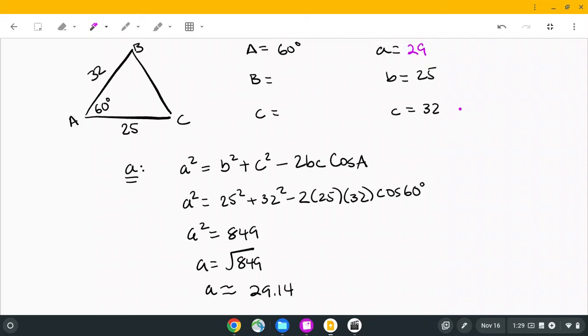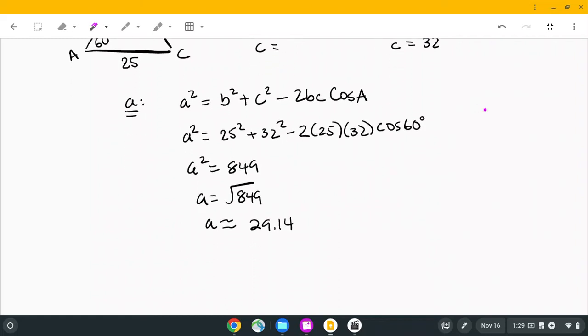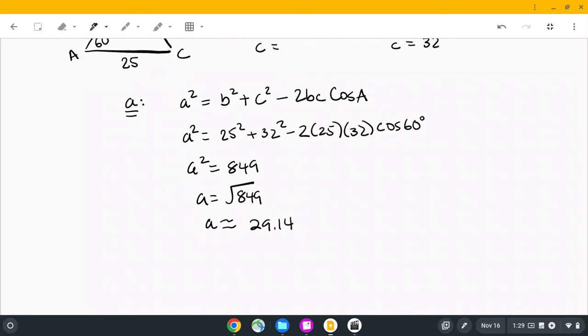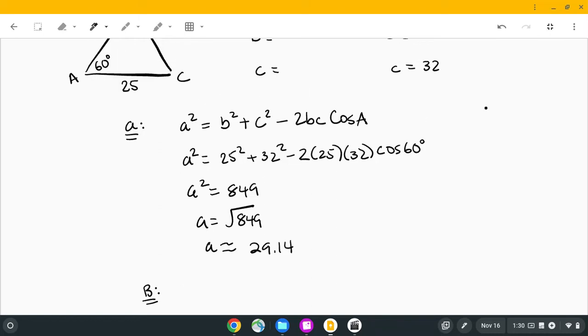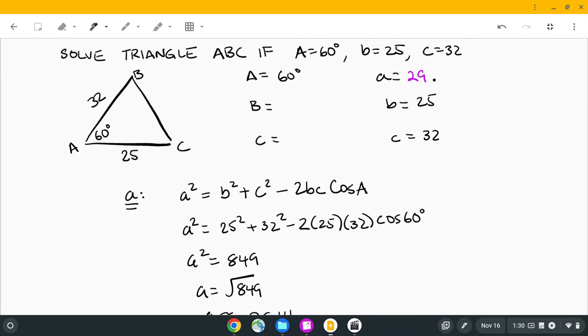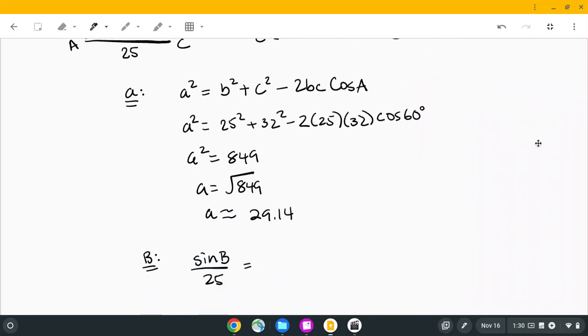Okay, so since I'm going to solve for angle B, I'm going to be using this. Sine B over 25 equals, and we have this one here, sine 60 over 29.